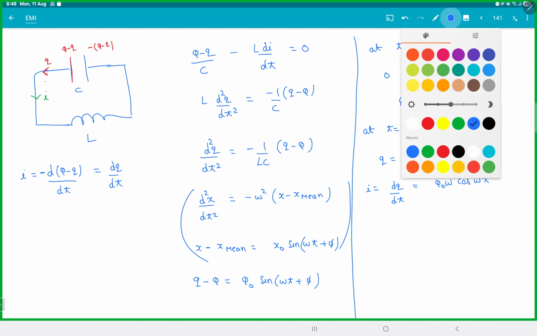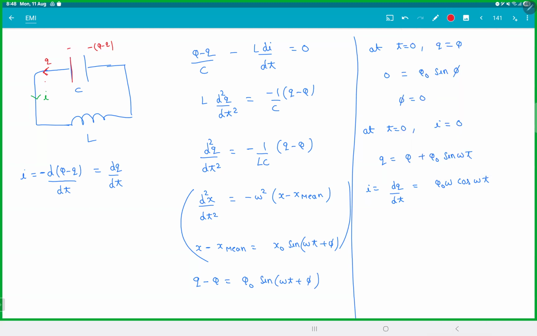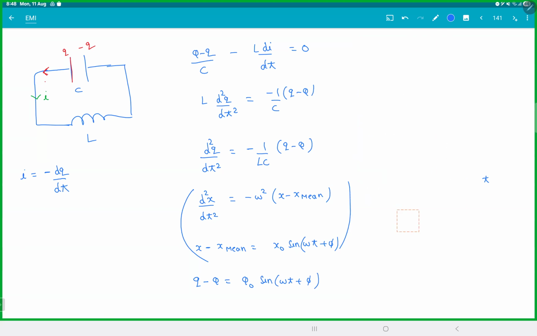I'm not sure what I did wrong here. Okay, we'll just take it as small q and minus Q. That would have been easy. I should get it with this unless I'm goofing up somewhere. This will be q by C is equal to, you will get straightforward here.